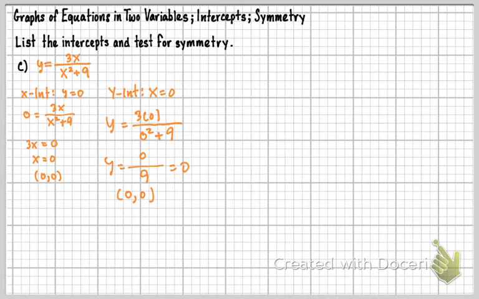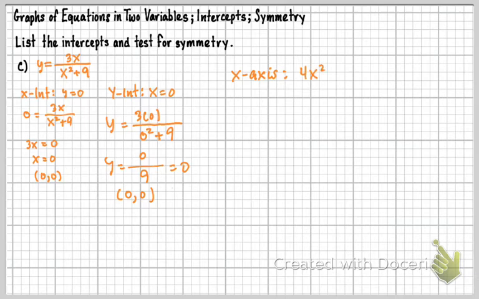Okay, so now let's take advantage of our space here, and we'll see if these are symmetric with respect to the x-axis, the y-axis, or the origin. So the x-axis first. Now remember, we're crossing over the x-axis, so our y is going to get negated.